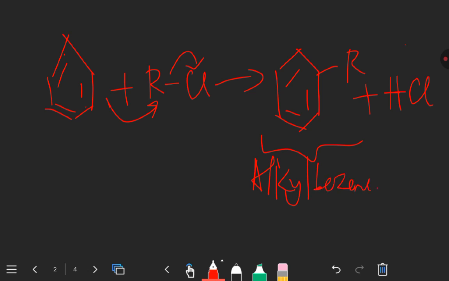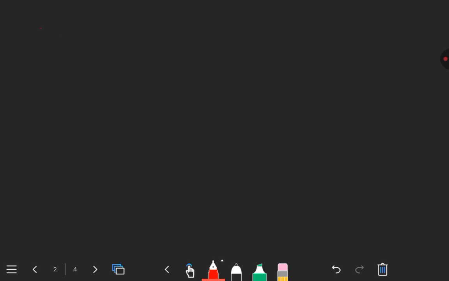So in this case, let's take an example whereby we react this benzene with a methyl chloride.